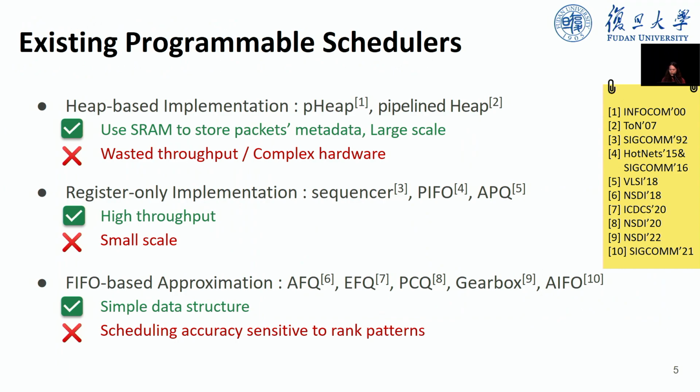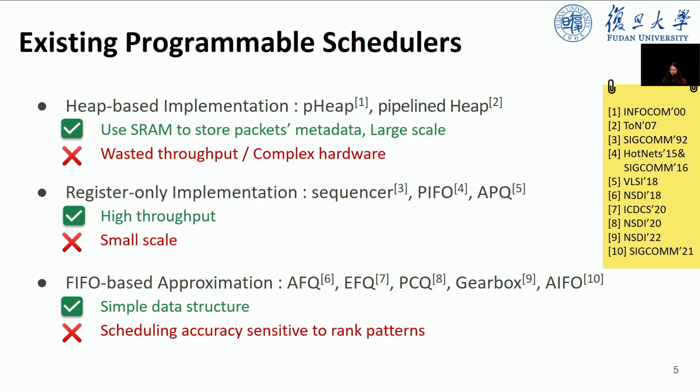There are many hardware designs for programmable schedulers already. Heap-based implementation utilizes SRAM to store packets. It has large scale. However, p-heap has wasted idle cycles, and pipelined heap features complex hardware designs.